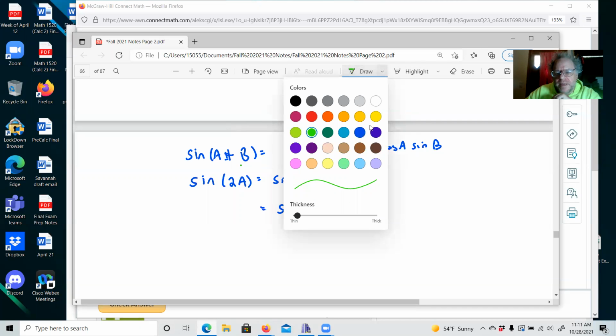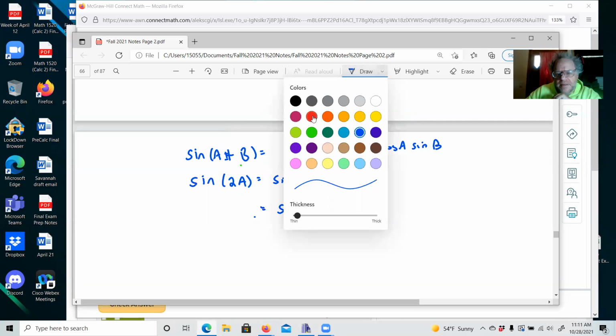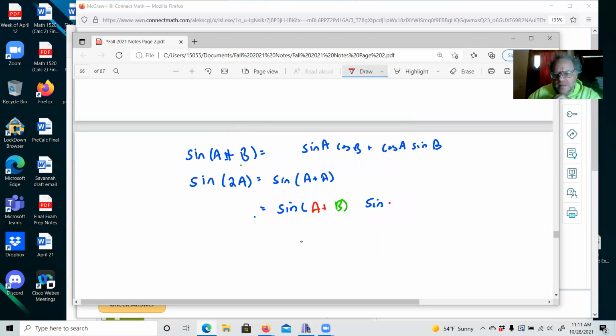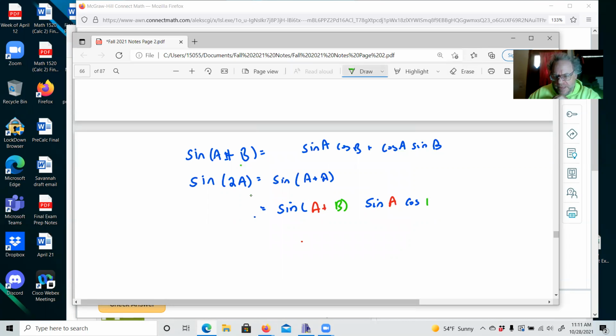And this is going to be sine of A cosine B, plus cosine B, okay, sorry.